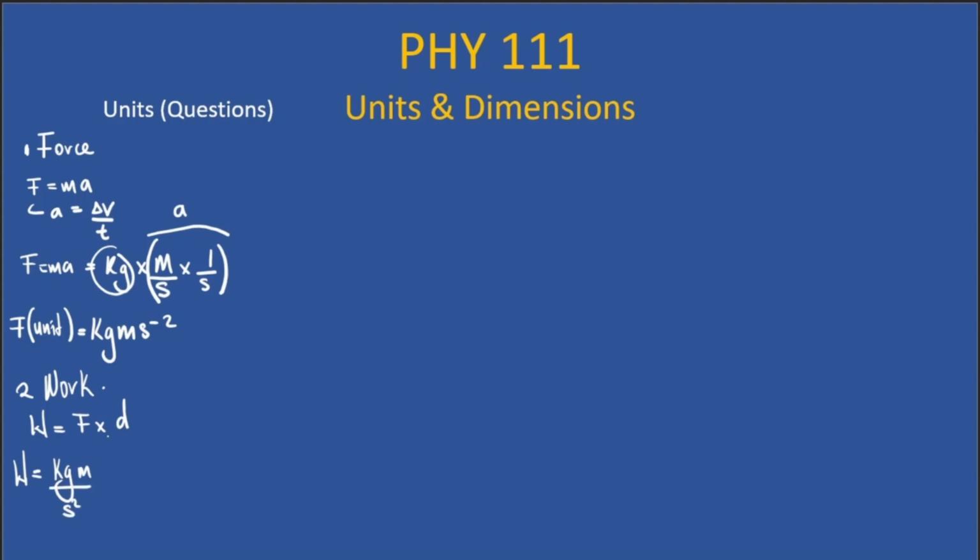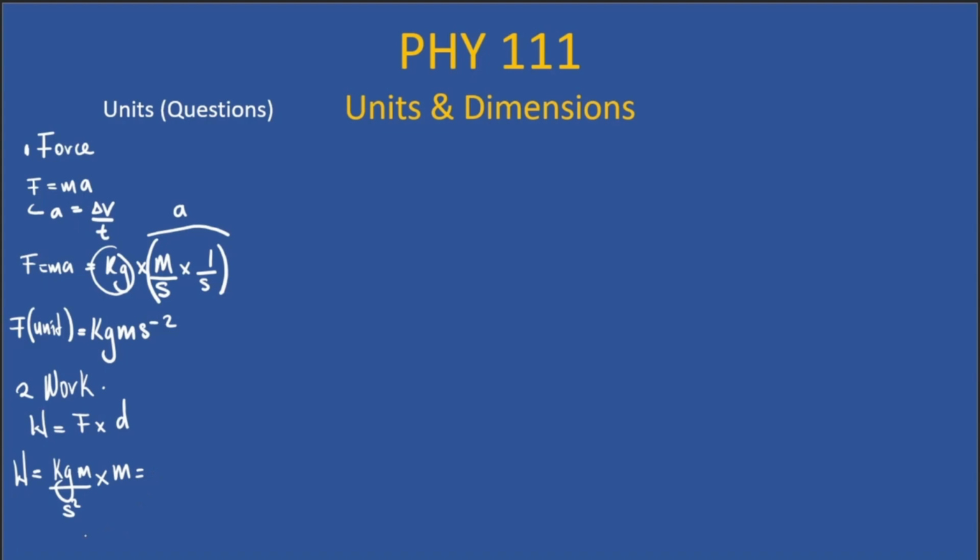You can write it out either way, either making a whole fraction and taking s raised to power minus 2 down, or keeping it as kg ms raised to power minus 2. It still works. Times the unit for distance, that's m. Remember, we have m as the numerator here, and we're multiplying by m, so we're going to end up with m squared.